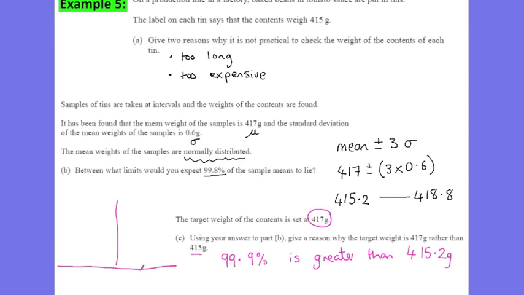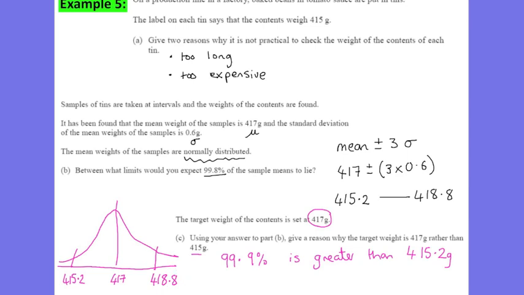We have a normal distribution. The target weight we have here set at 417. We have here the normal distribution, the bell-shaped curve. We have here 3 standard deviations of 415.2 and here our upper limit of 418.8.